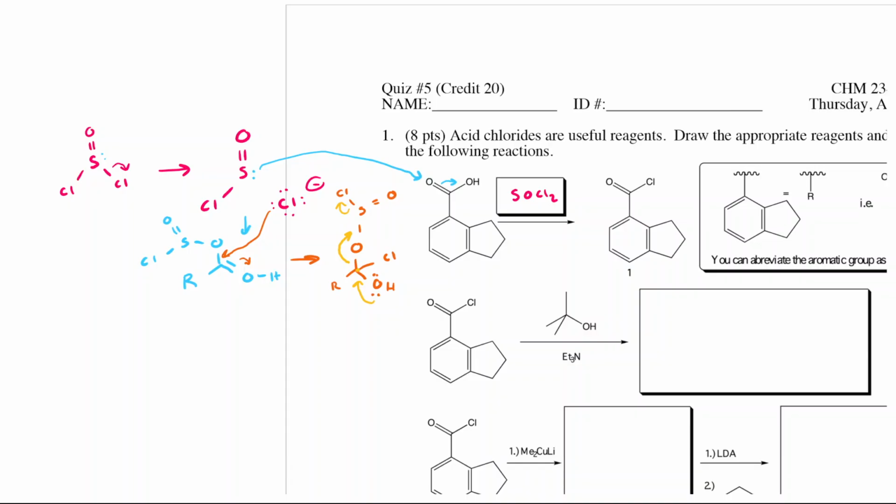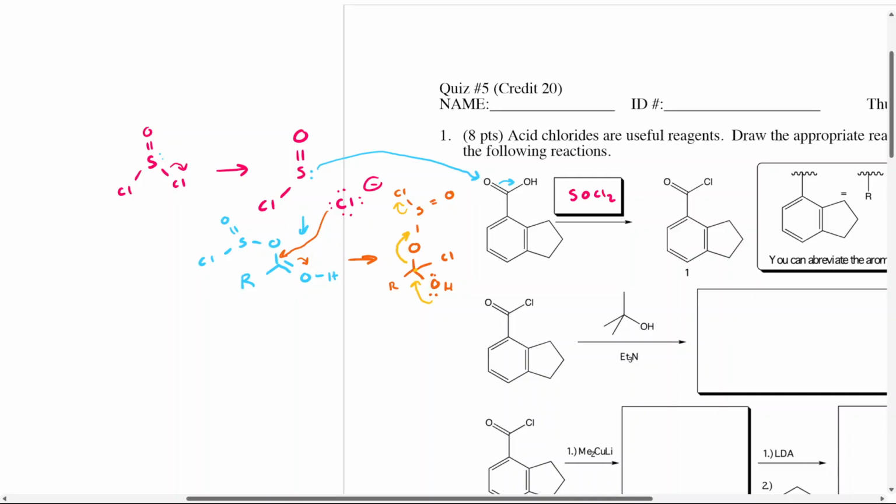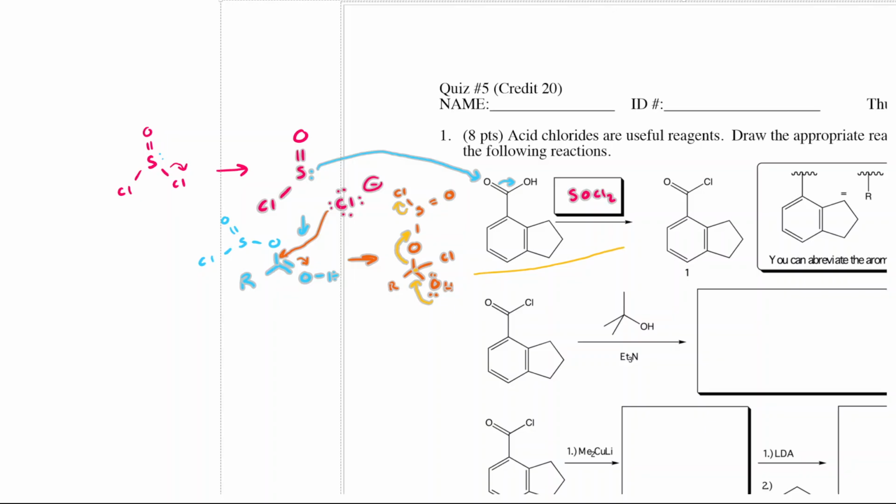But when that pushes that out, the sulfur is going to have too many things bonded to it, so it's also going to kick out the chloride. And then this ends up as this molecule after we get rid of this H.